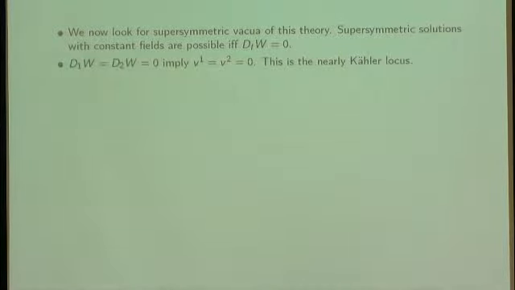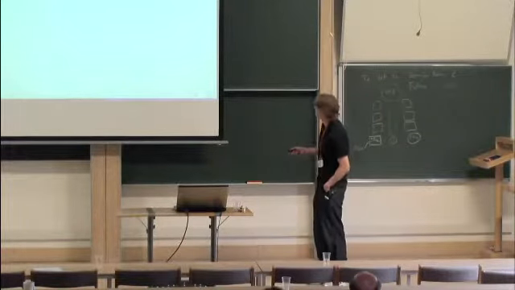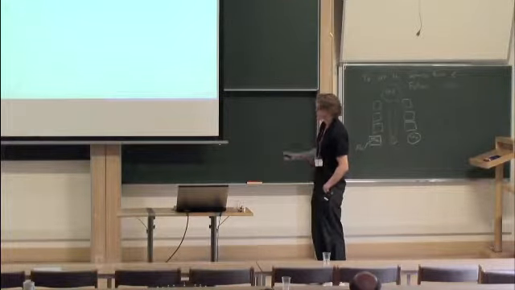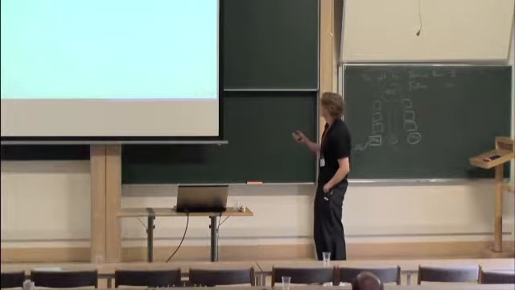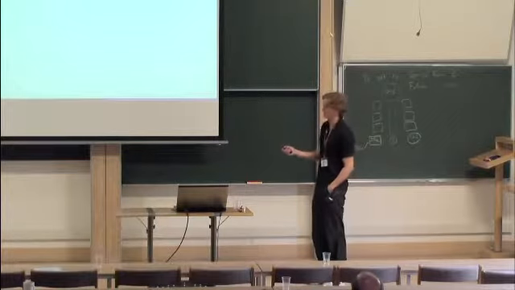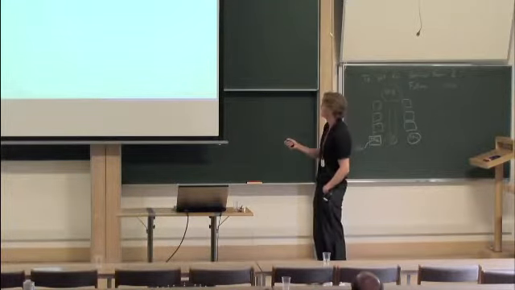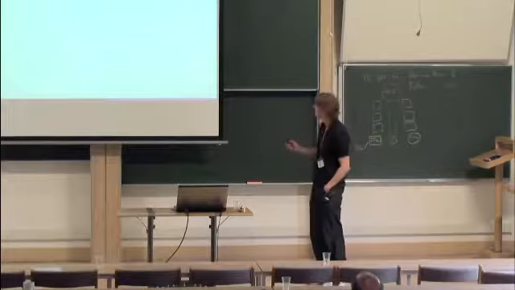That can easily be done for the first two covariant derivatives corresponding to the first two Kähler moduli, and these two equations imply that v1 and v2 are equal to 0, which is the nearly Kähler locus that we heard about in the previous talk. It should also be mentioned that this is the same locus that you end up with if you set the D-terms arising from these line bundles to 0. You get the exact same equation, and you can show that it's equivalent to the 10D Yang-Mills equations.